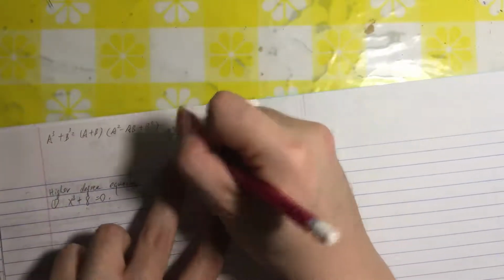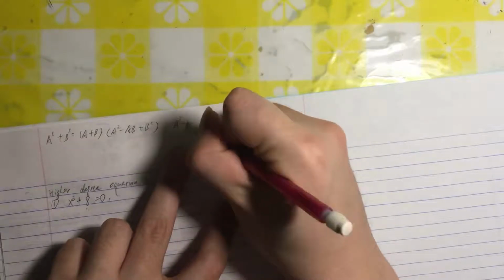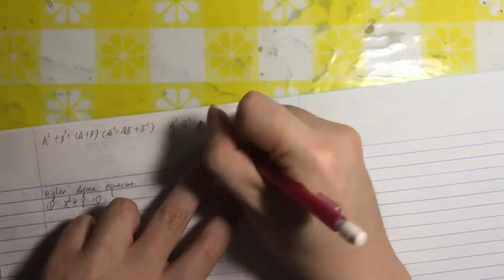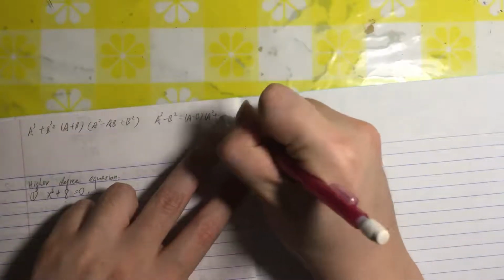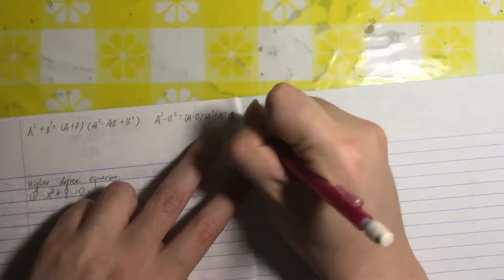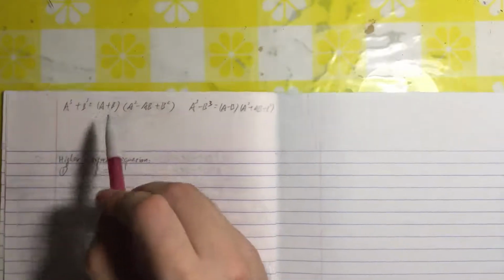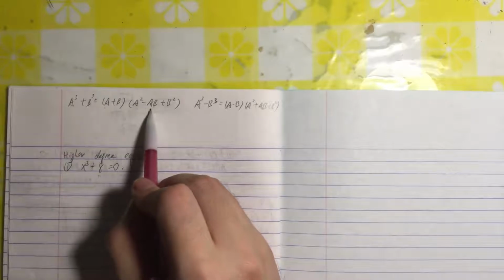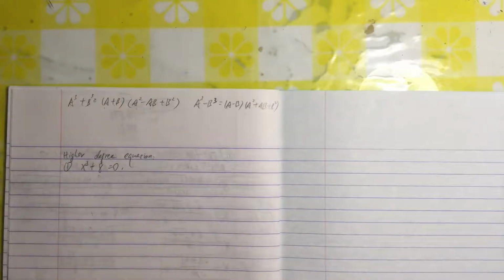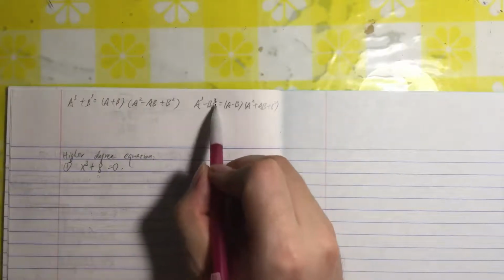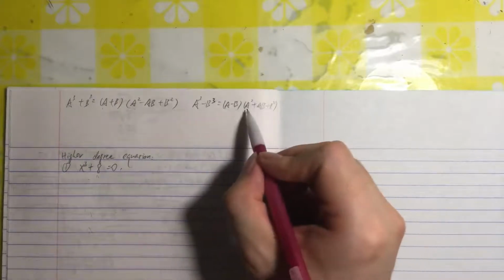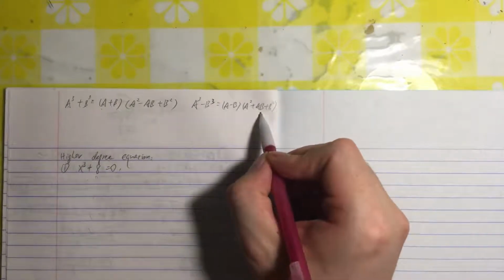The other one, a cubed minus b cubed, equals a minus b times a squared plus ab plus b squared. That's called the difference of perfect cubes.